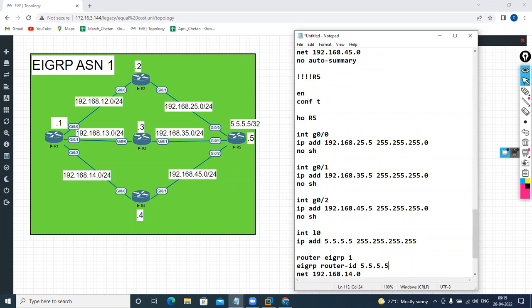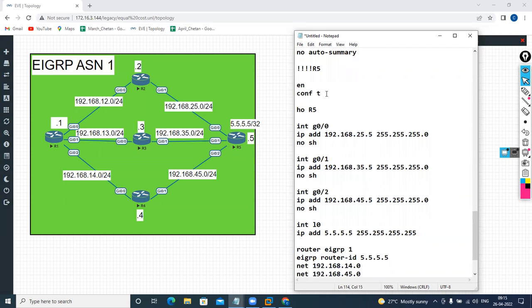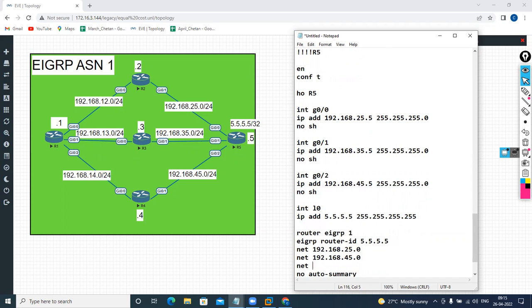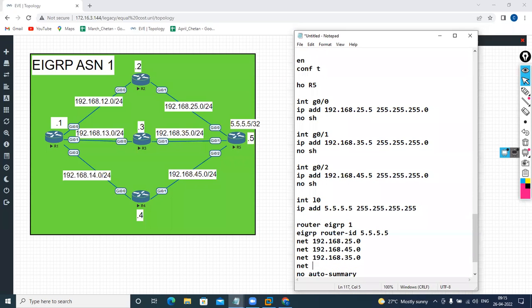Router EIGRP 1, router ID will be 5.5.5.5. You need to advertise 25.0, 35.0 and 45.0, 192.168.35.0 and the loopback.